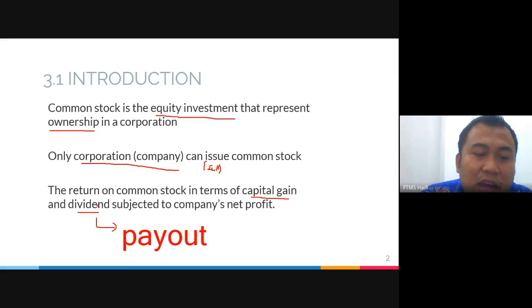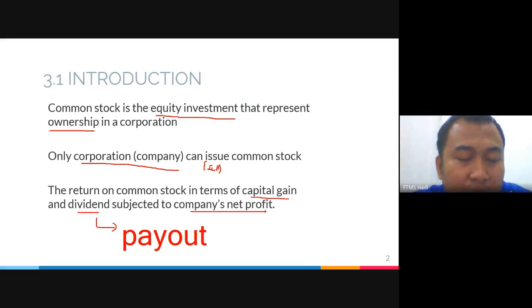And then the decision of whether they want to give capital gain and also dividends is subject to the company's net profit. Meaning that if a company records net profit, they are qualified to issue payout or increase their share price. If net loss, that means the company is not qualified to do that.